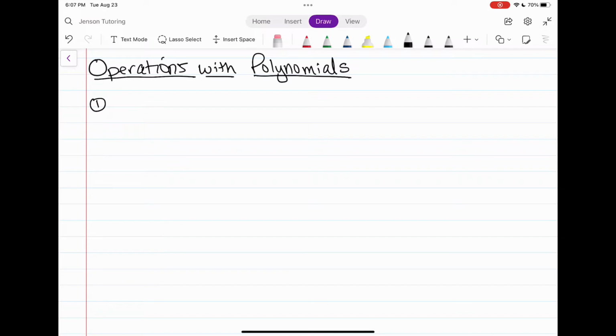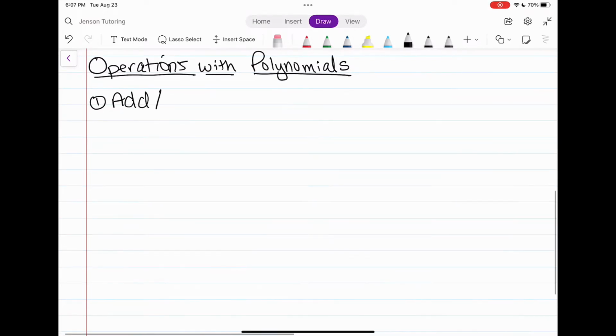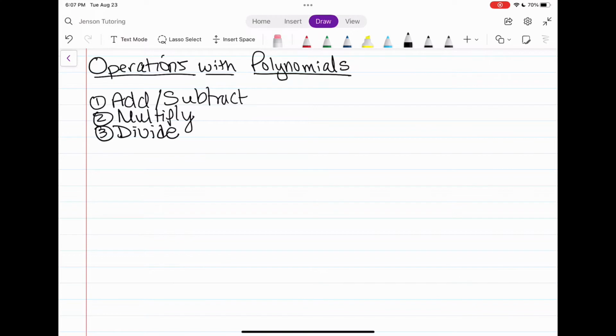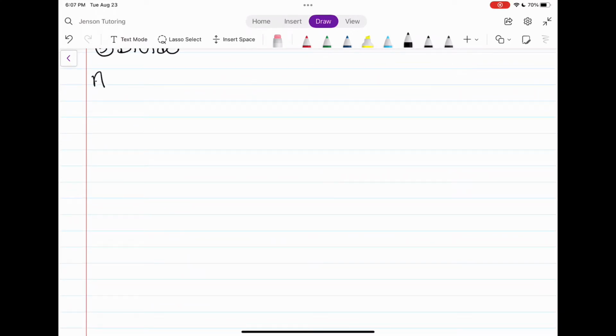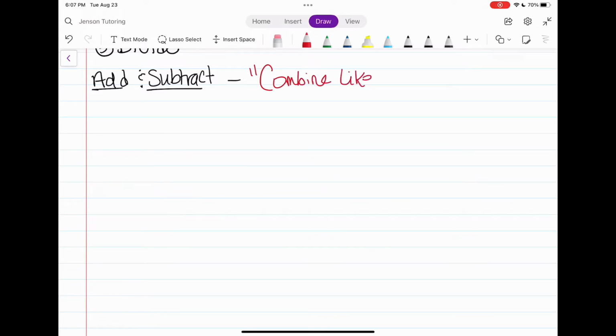We might be asked to add and subtract. And really, you just want to think about that as combining like terms. The second would be to multiply, and the third would be to divide. So we're going to cover divide in a different video. But for today, I'll go through several problems where we add and subtract, and then where we multiply.